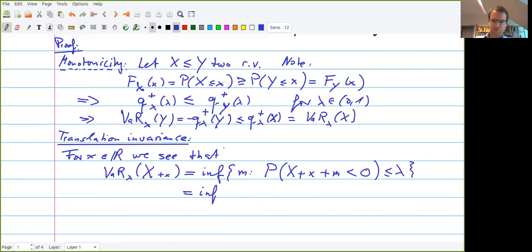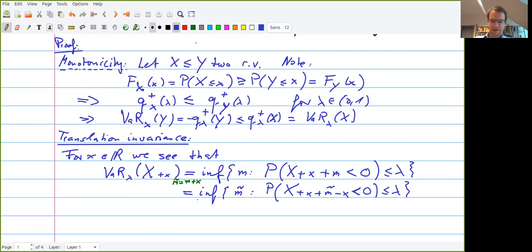And now let me define m tilde to be m plus x. So this is just a definition. And if we do so, we replace the m by an m tilde, and then we get a minus x here to have the same expression.